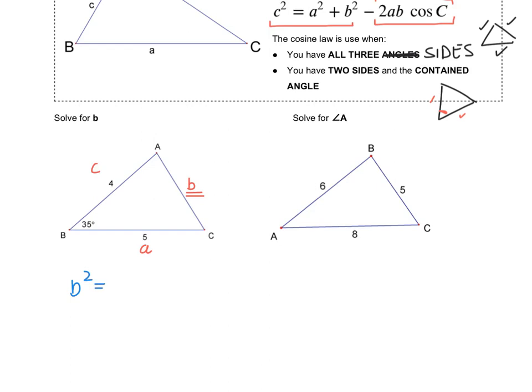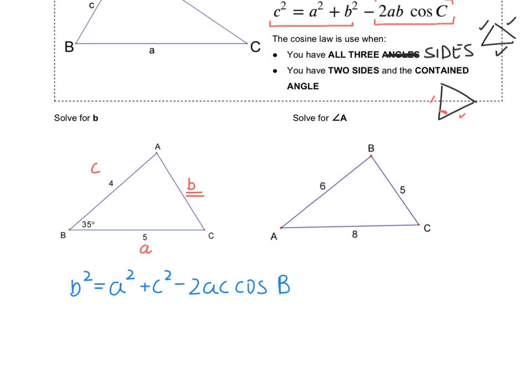So my other two sides are a and c. So a squared plus c squared. Subtract, usually it'd be 2ab, but here my other two sides are a and c, so 2ac, and then times cos of the angle of that side. So I'm looking for side b, so I'm going to write cos of angle B.